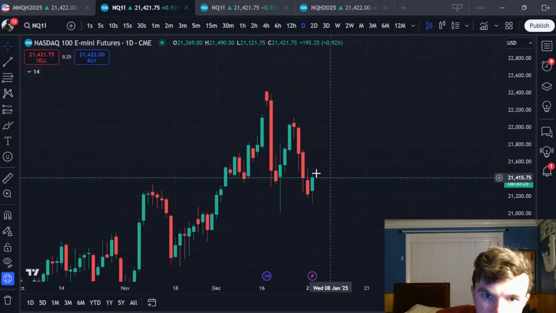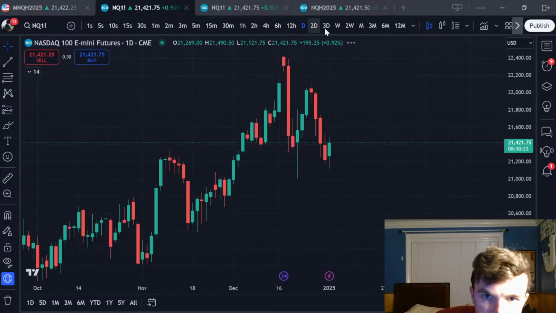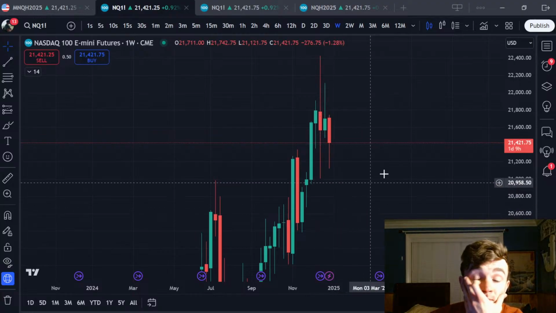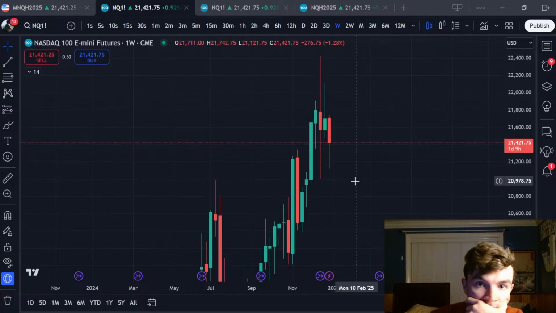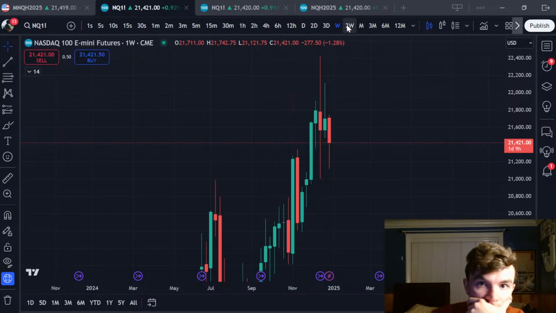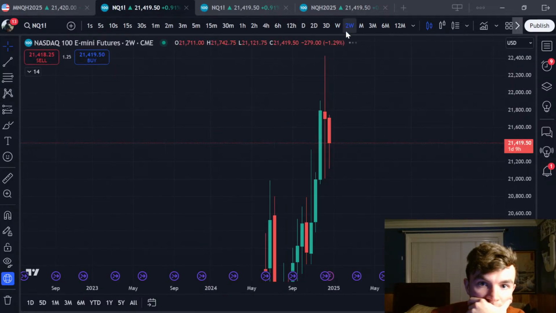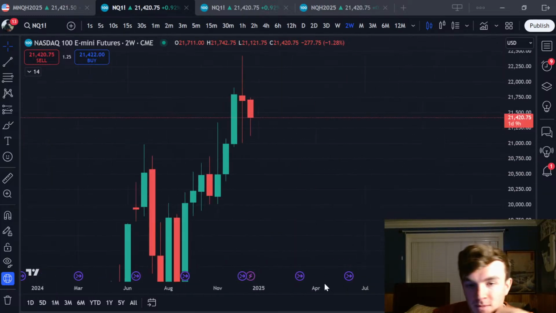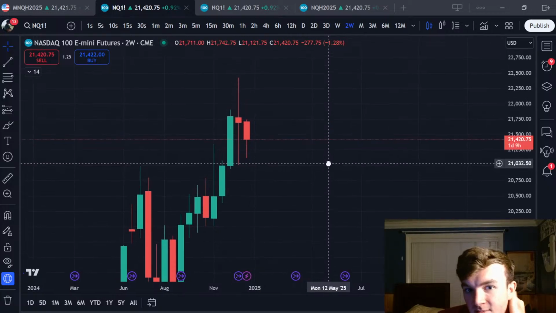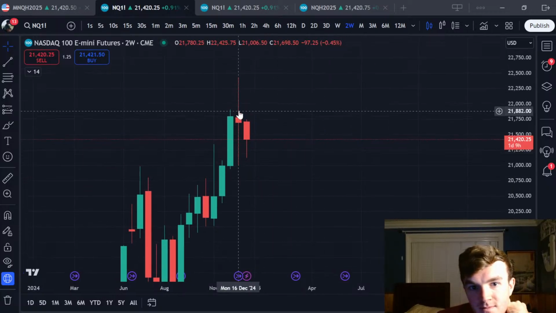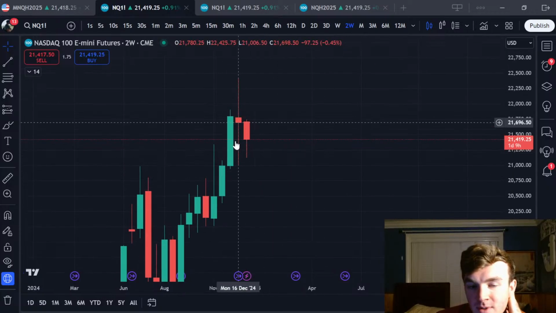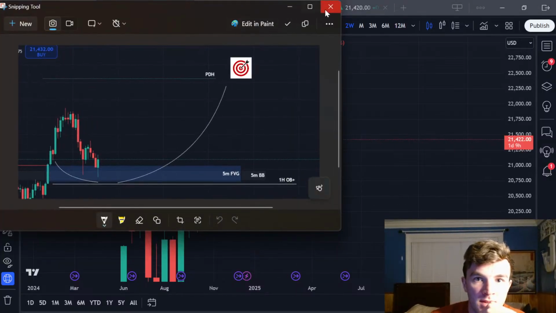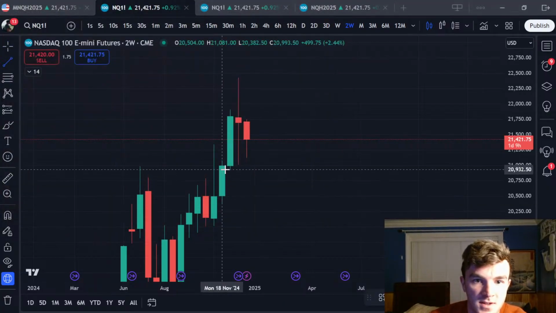So, going top down, starting out on the 2-week, it kind of seems like maybe we are getting a 2-week CRT. I think that's at least noteworthy that we could be drawing towards this CRT low here.